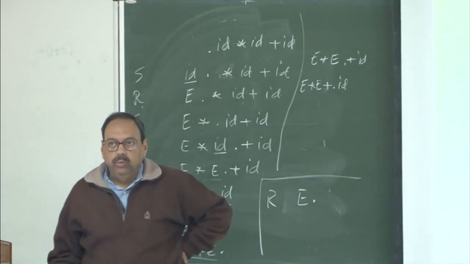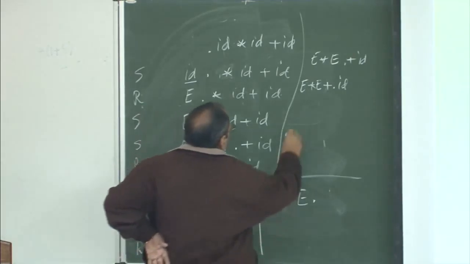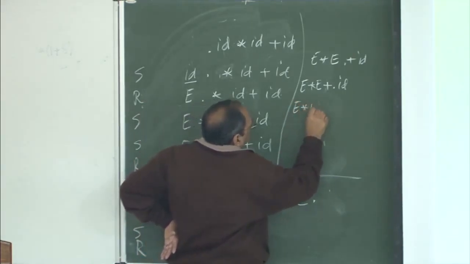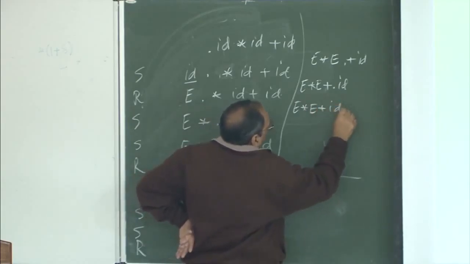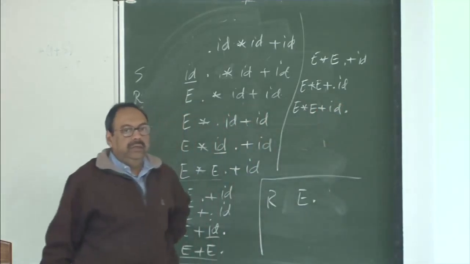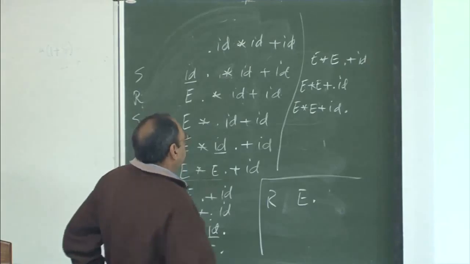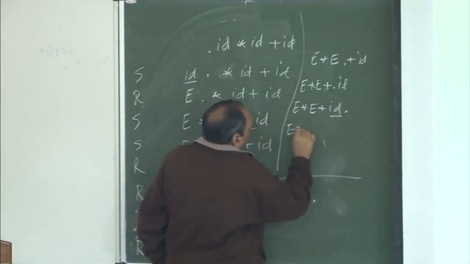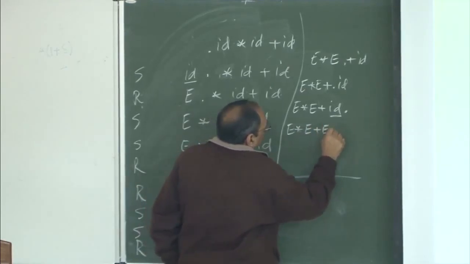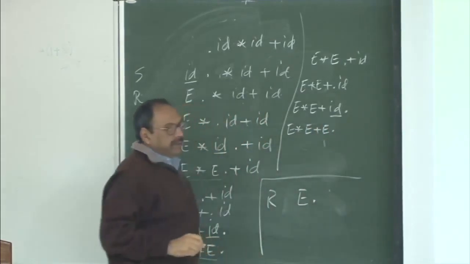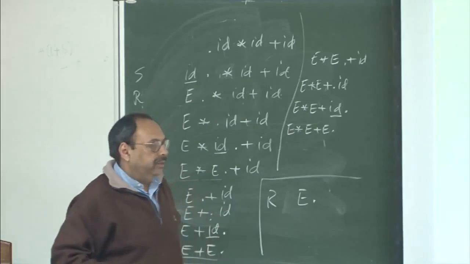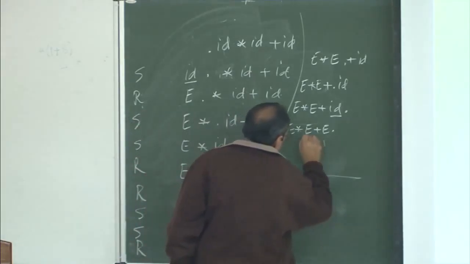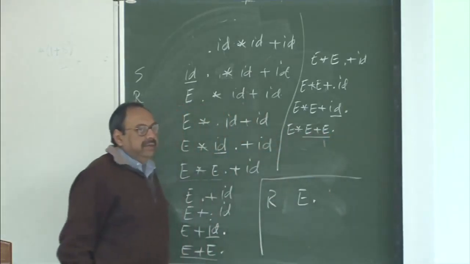I do one more shift, and that takes me to this state. Now I do one reduce, and reduction is now on this. So this gives me this configuration. Then I do one reduce, which says I match this as the right hand side.